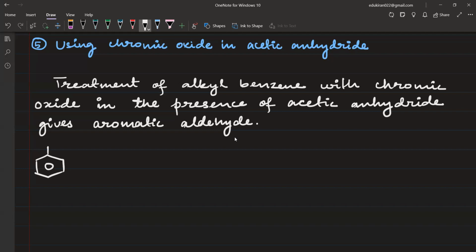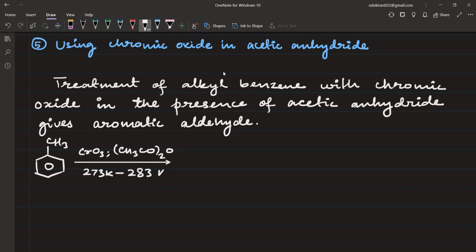So again, we have alkyl benzene such as methyl benzene here. Here we are going to use CrO3 and (CH3CO)2O, acetic anhydride. And we do this at a very low temperature from 0 to 5 degrees Celsius. That is 273 Kelvin. It can go up to 10 also, I think 283 Kelvin.